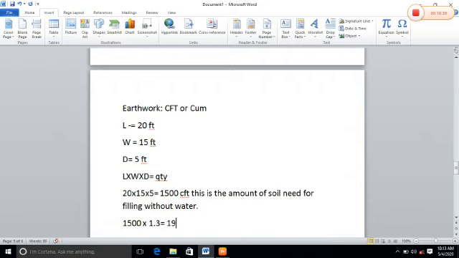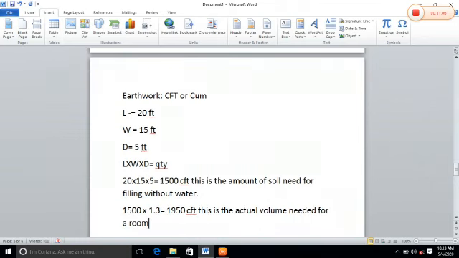So it becomes 1950 cubic feet. This is the actual volume needed for the room.